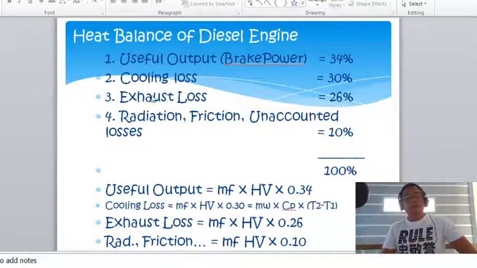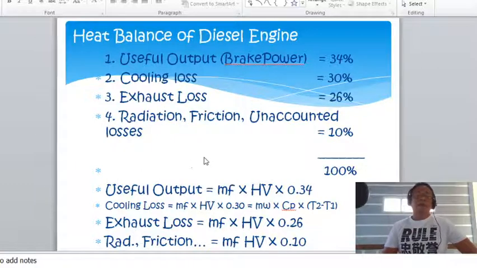Or that is also equal to the mass of cooling water circulating the engine, multiplied by specific heat of water, multiplied by the change in temperature of the jacket water, meaning the leaving temperature minus the temperature of water entering the engine.